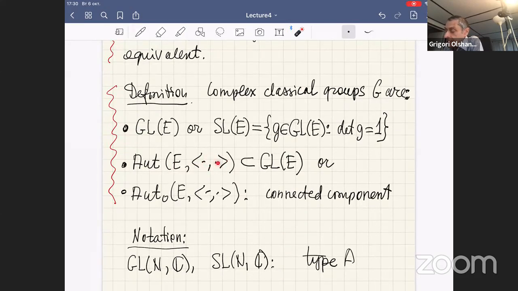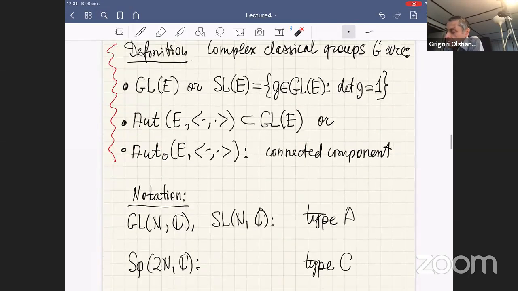I emphasize again that essentially there is only one such form. It's unique. And take the subgroup in GL which consists of the operators which preserve this form. One can say the group of isometries of this form. And in the skew-symmetric case, we get the symplectic group, which is connected. In the symmetric case, we get the orthogonal group, which is not connected. And we prefer to take the connected component of the unity.